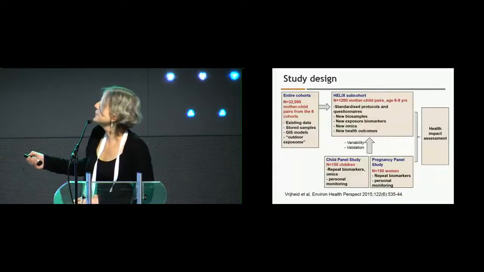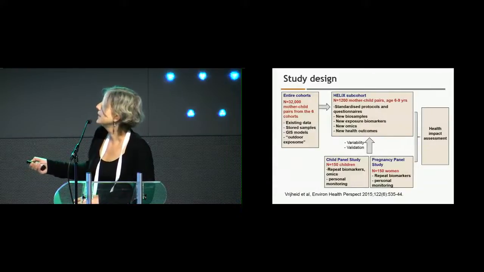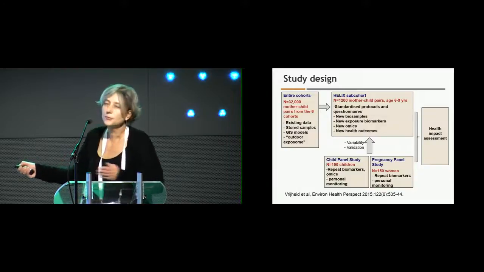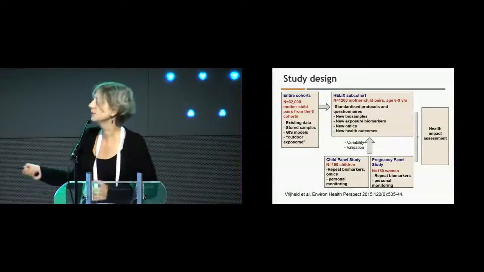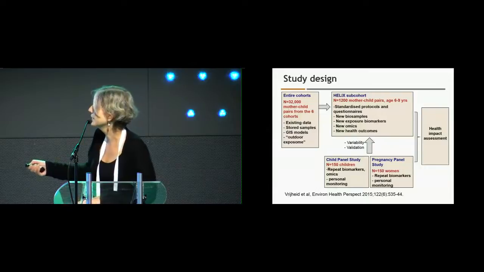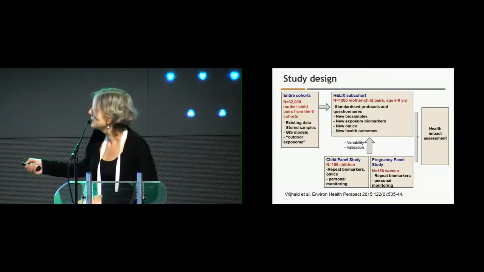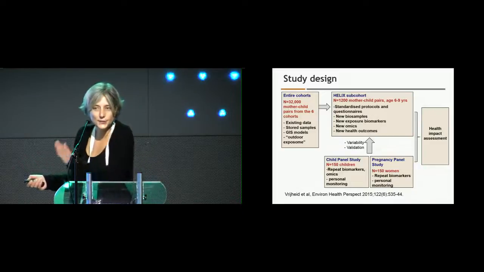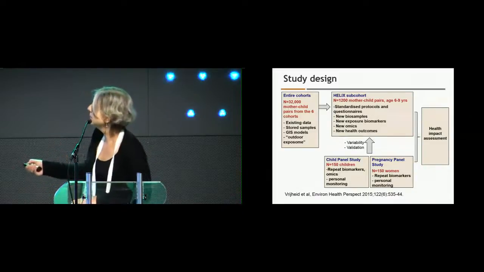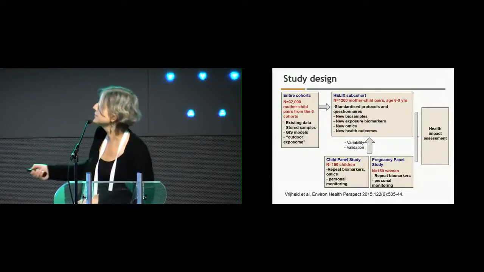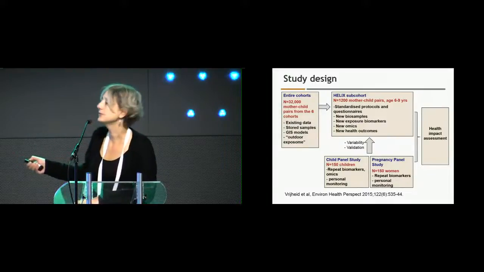Now, from these 32,000 mother-child pairs, we have a whole lot of existing data: all the previous follow-up data, health endpoints, some GIS modeling, and they have stored samples. And because we know where the mothers and the children lived at each time point, we're able to model all the outdoor exposures in these entire cohorts.